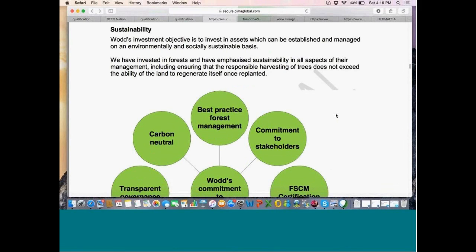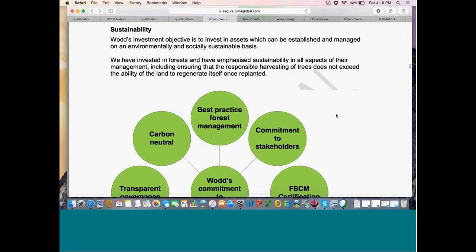So our report, that integrated reporting, may become quite important in this aspect as well. And when we talk about sustainability, how do you track it? How do you monitor it? How do you communicate it? That becomes quite important as well.